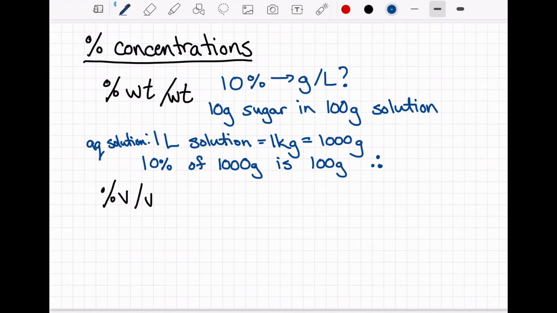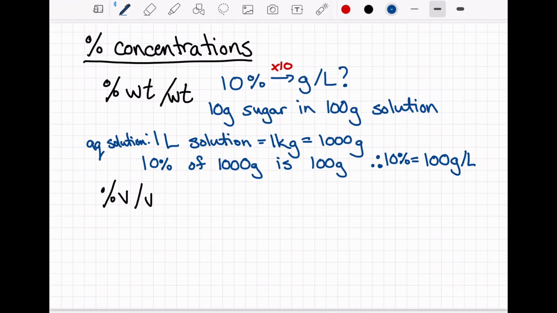Therefore, a 10% solution equals 100 grams per liter. Okay? So that's how, to interconvert between percent and grams per liter, the easiest thing to do here is to multiply by 10. Okay? So that's the quick way of doing that. But this is just an example explaining to you why that's true.